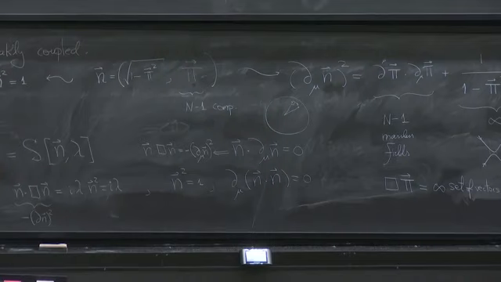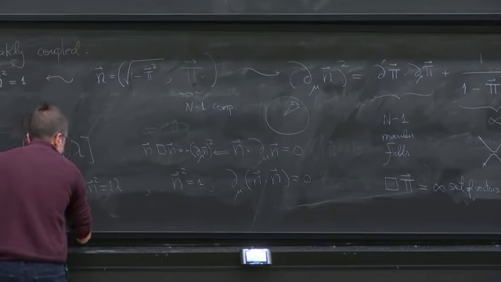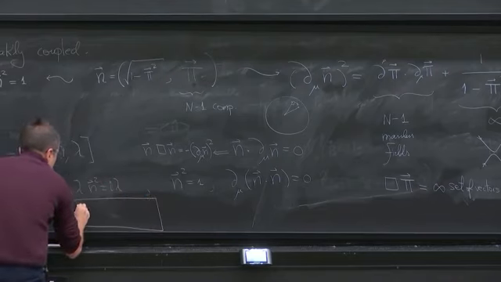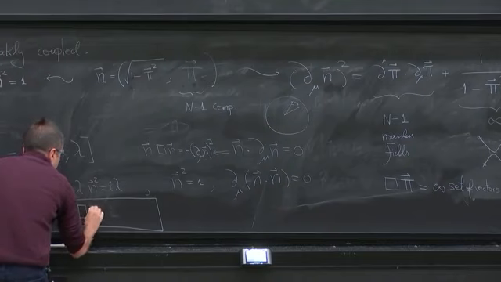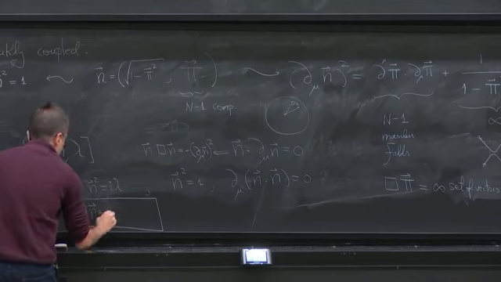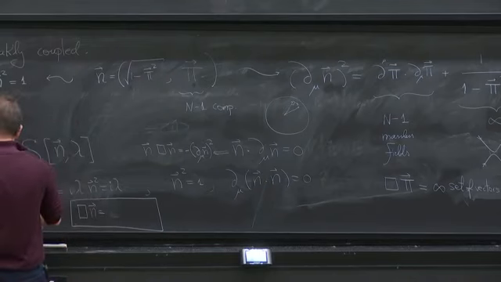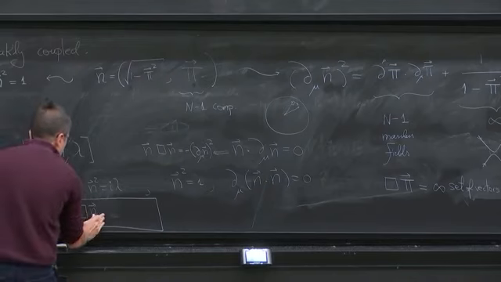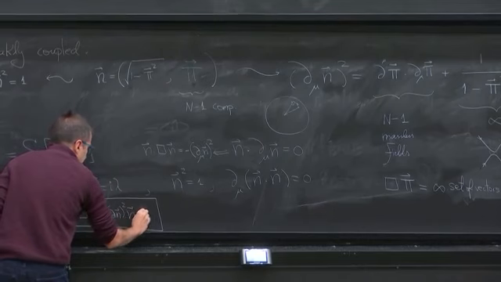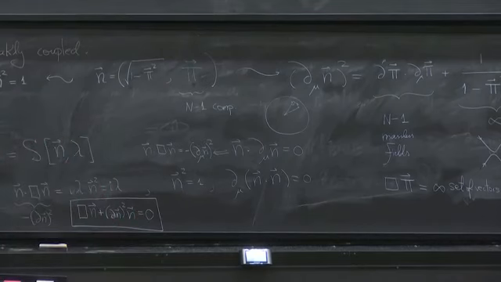And so finally, the equations of motion would be put here in a box. Box of n equals, I lambda becomes this, and put it all on the same side, plus del n squared times n equals 0.